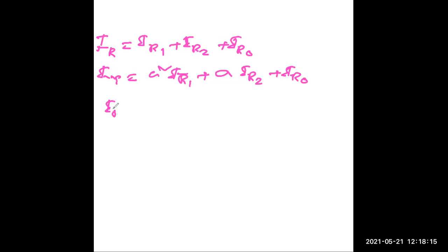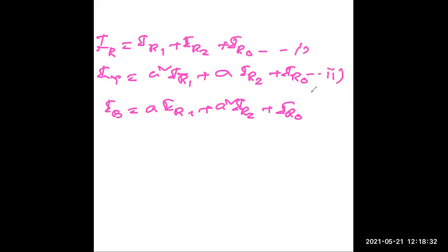Then IB equal to A into IR1 plus A square into IR2 plus IR0. So in this case, let us say this is equation 1, this is equation 2, and this is equation 3. What has to be done? For 2 and 3, with 2 we'll multiply A square, and with 3 we'll multiply A.